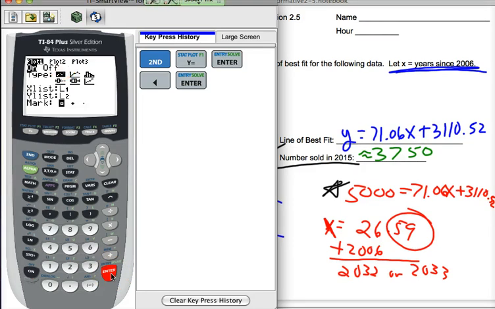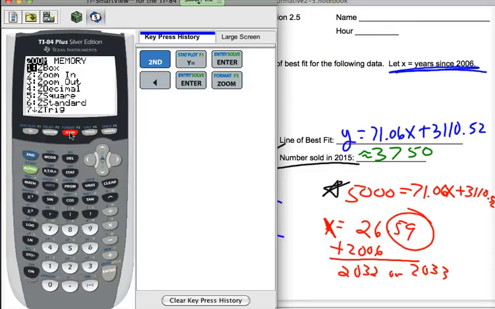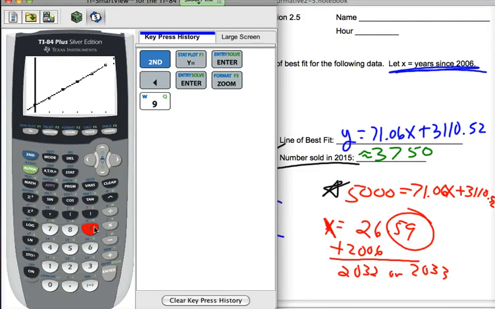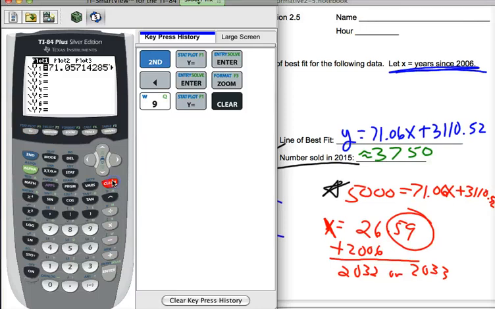I want to use L1, L2, and that's already on there. My X list is L1, my Y list is L2. Now all I need to do is get it to plot my points. Well, the most efficient way to do that is to hit zoom, and then the number 9. It plots all the points, and because I put that Y1 in there, it plotted the line of best fit. It will only plot that line of best fit if you get that Y equals in there. So if I cleared this out and then hit graph, I'll just have the dots.